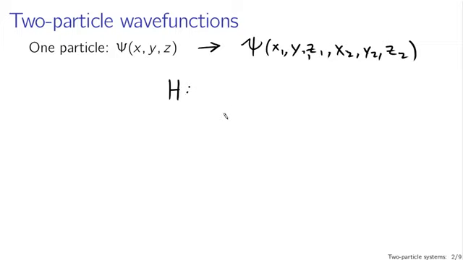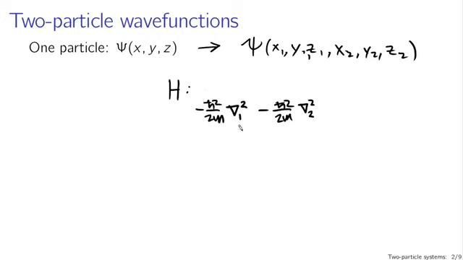So for instance, the Hamiltonian for a particle might look like minus h bar squared over 2m times, and I'll write this as gradient squared with a subscript 1, minus h bar squared over 2m gradient squared with a subscript 2, where the gradient with a subscript 1 refers to partial derivatives with respect to x1, y1, and z1, and the subscript 2 refers to partial derivatives with respect to x2, y2, and z2.